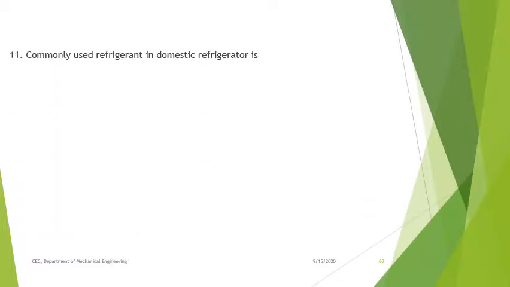So 11th question: the commonly used refrigerant in a domestic refrigerator is R22, R134a, ammonia, or carbon dioxide. The answer is R134a.